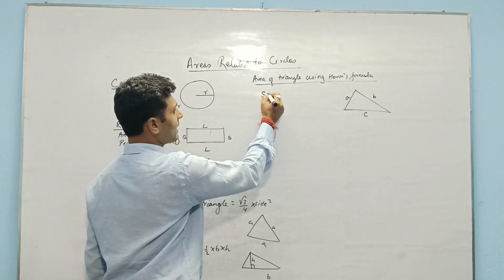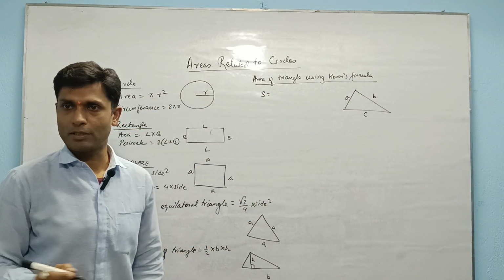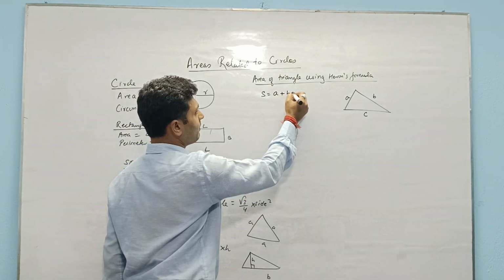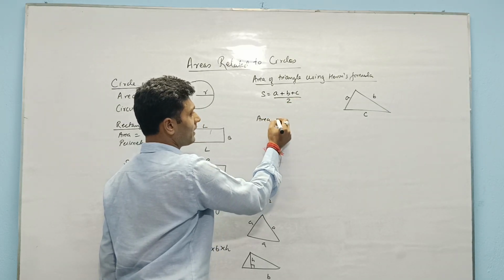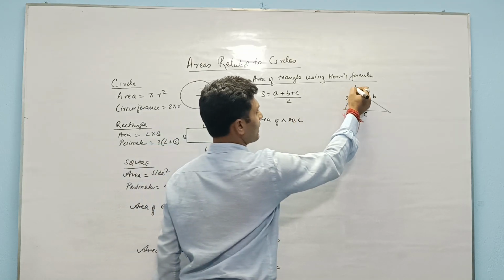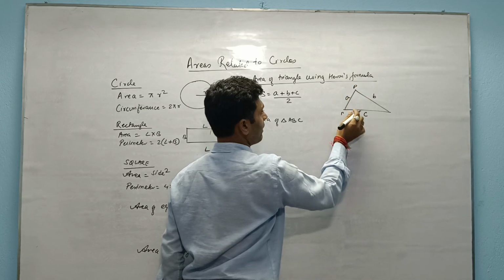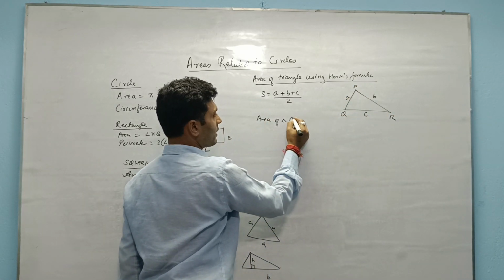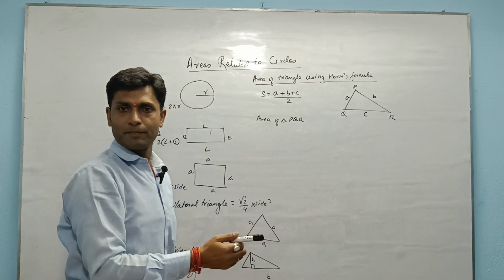So we'll find out semi-perimeter. S means semi-perimeter, that is half the perimeter, which is A plus B plus C divided by 2. And then comes area of triangle. We'll mark this triangle as PQR, because we have already used ABC, right?